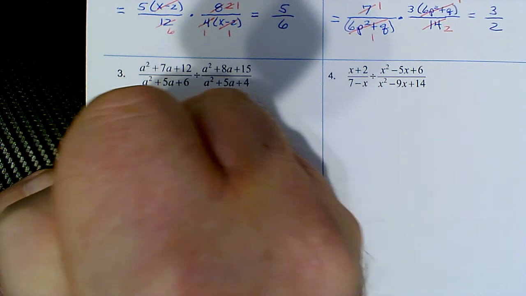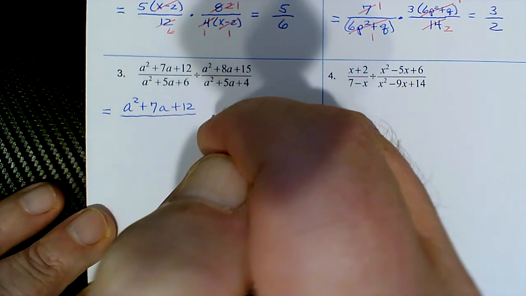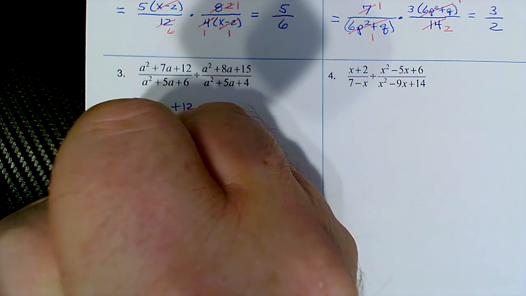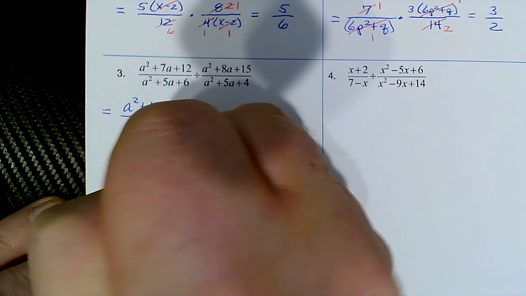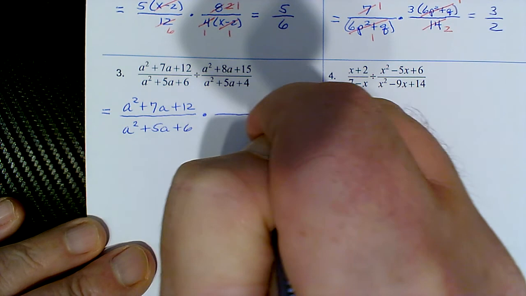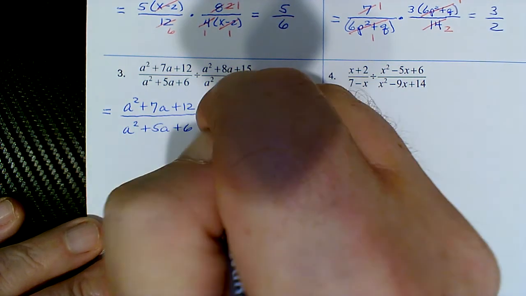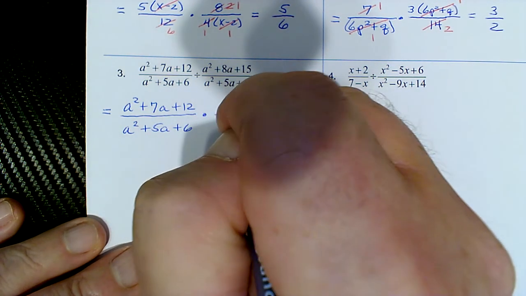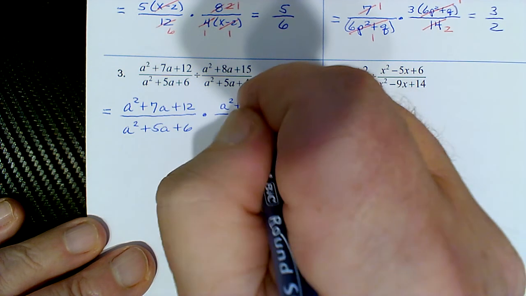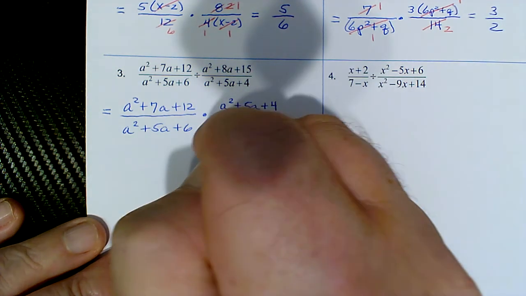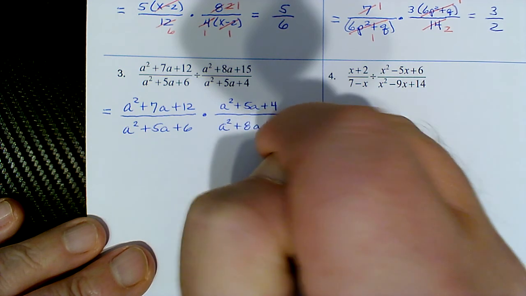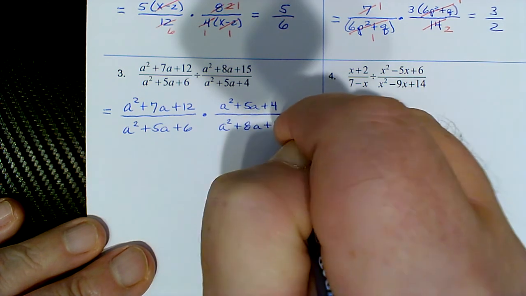So a squared, first one's recopied as it is, a squared plus 7a plus 12 over a squared plus 5a plus 6, and then times, again, change the division to multiplication. Now we have a squared plus 5a plus 4 flipped over, so the reciprocal of this fraction, over a squared plus 8a plus 15.